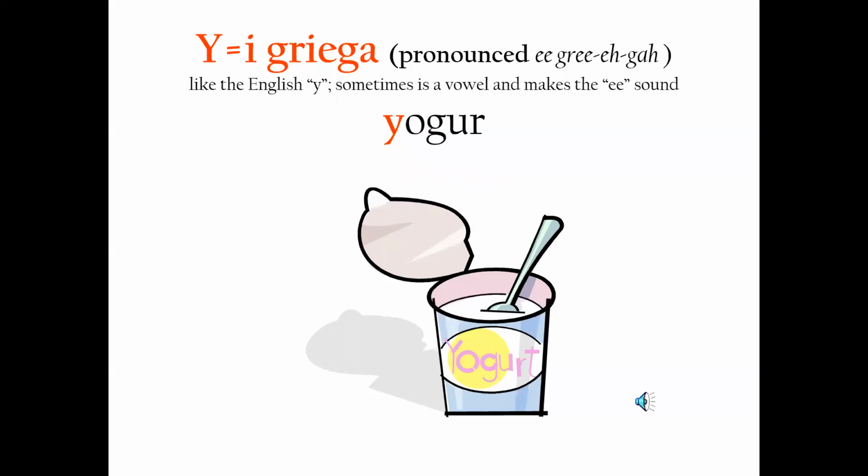So if you ever see the letter Y by itself, it is the word for and, and it is pronounced E. So if you saw Tommy, the letter Y, and then Senora scarce, it would be Tommy E Senora scarce, or Tommy and Senora scarce. That's what it means by it makes the E sound.